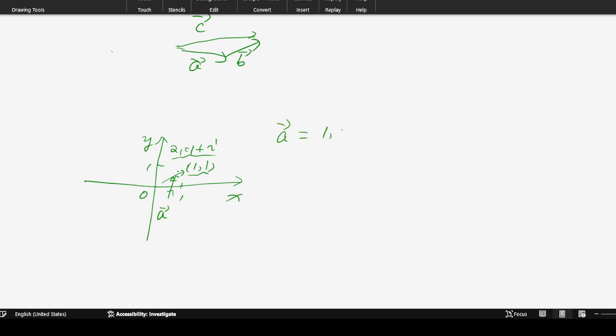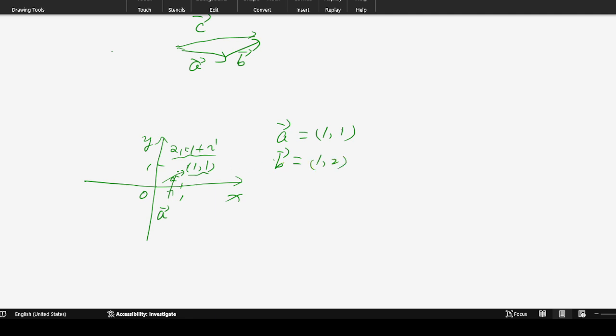So instead, we can see vector A equals 1 comma 1. Vector B, for example, is 1 comma 2, we let B equal 1 comma 2.